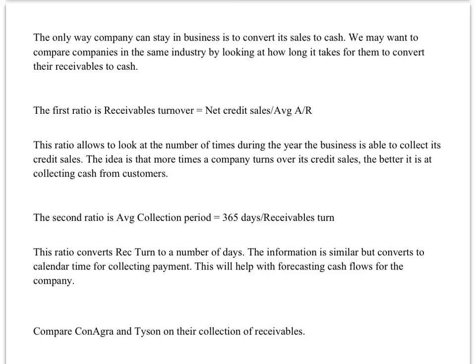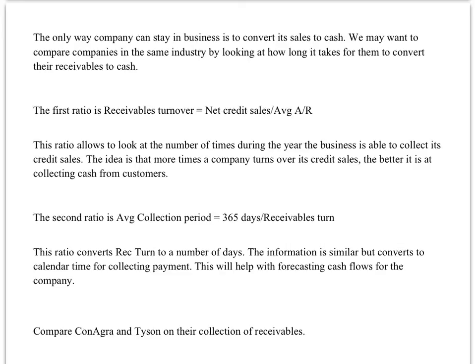That's essentially a quick and dirty way to do average accounts receivable. This tells us how many times during the year we essentially collect our receivables, whether it's 4 times a year or 24 times a year. This gives us an idea of how fast we're taking the sale and converting it.